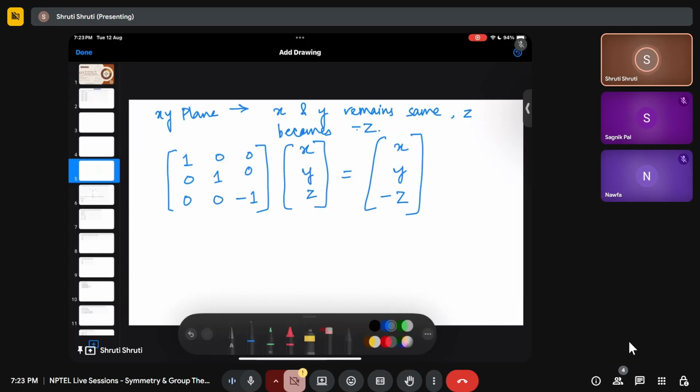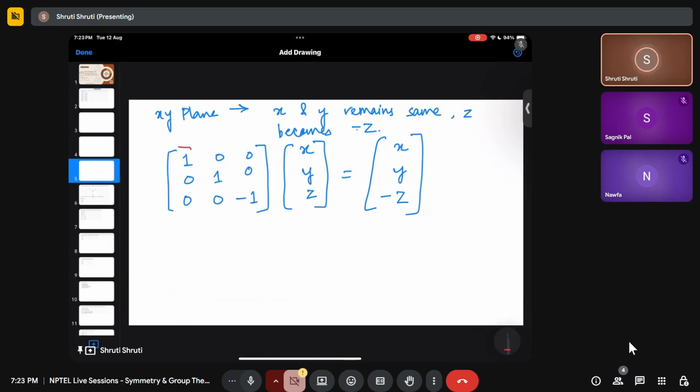Only the diagonal elements are getting multiplied here, because there is no mixing of coordinates. X is getting transformed to x only, y to y only, z to z only, but with a negative sign. It is not happening that y is becoming z or x is becoming y. This is called mixing of coordinates.